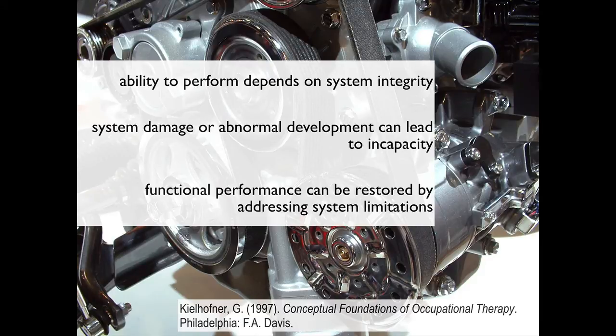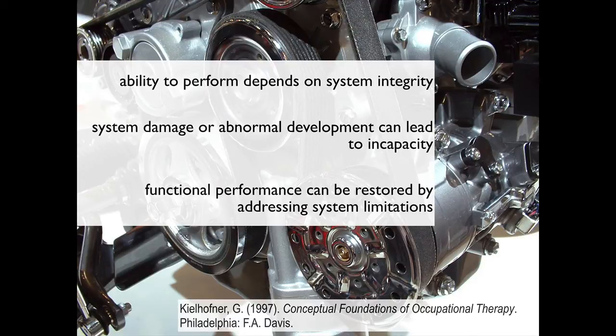In this way of seeing humans and their difficulties, it was very much about the ability to perform being dependent on system integrity. Just have a think about some of the words being used here: system integrity, and we're talking about humans. System damage or abnormal development could lead to incapacity, and functional performance could be restored by addressing system limitations.